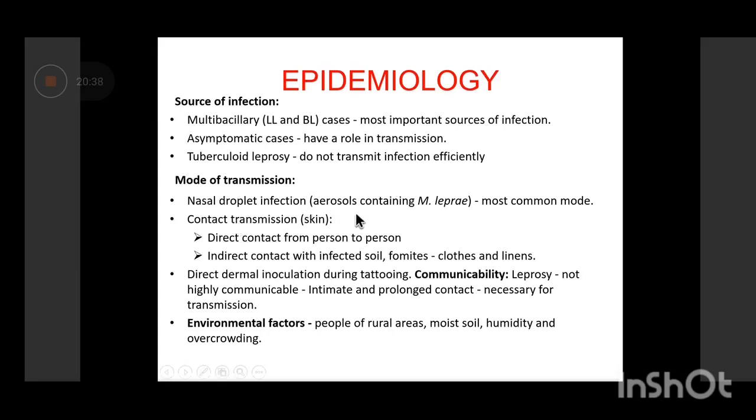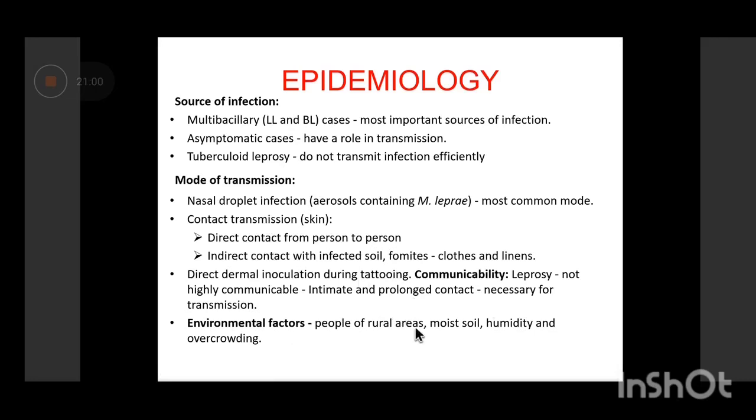So the mode of infection is that one can get infection through nasal droplets, through generation of aerosols containing M. leprae. This is the most common mode of infection. Another is through contact with skin.